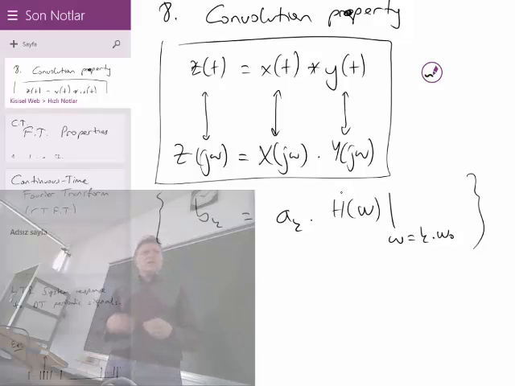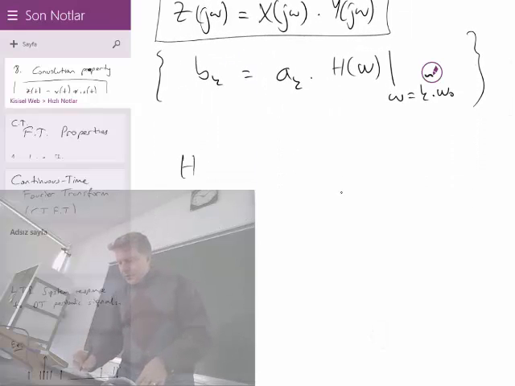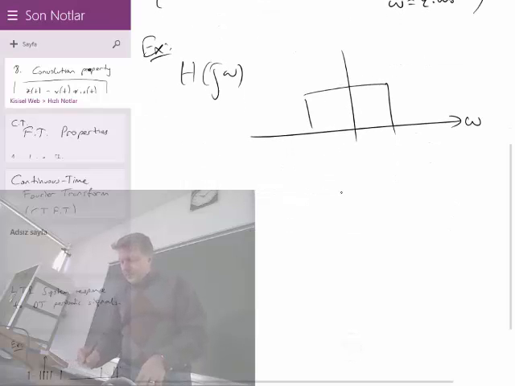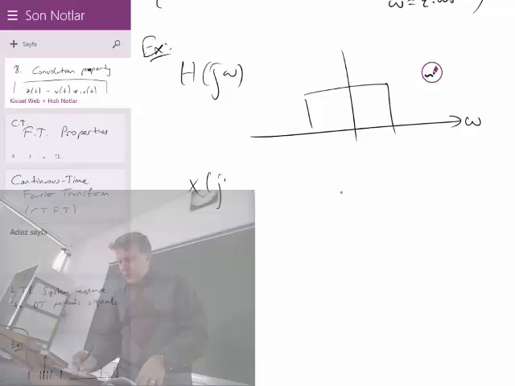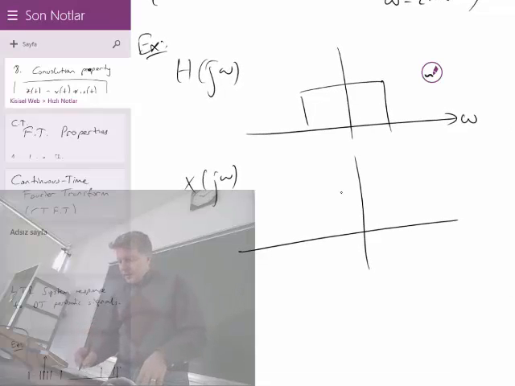And those multiplications mean a lot of things. For example, if H of j omega is a low pass filter and X of j omega is the Fourier transform of our signal, suppose that it's like this.